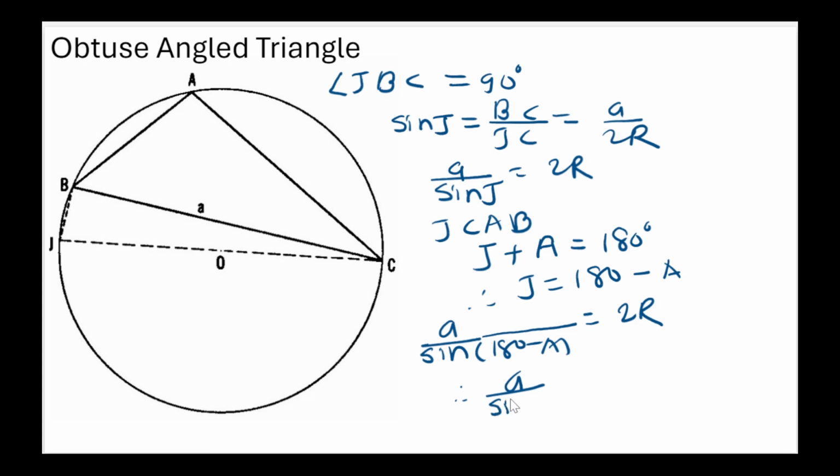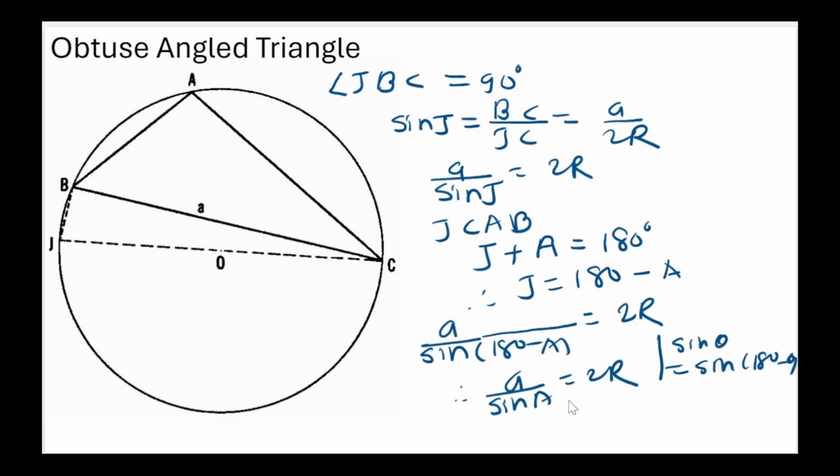Here, sine theta is equal to sine 180 minus theta. So sine 180 minus A is equal to sine A, and therefore a upon sine A is equal to 2R. Similarly, we can also prove it for the angles B and C.